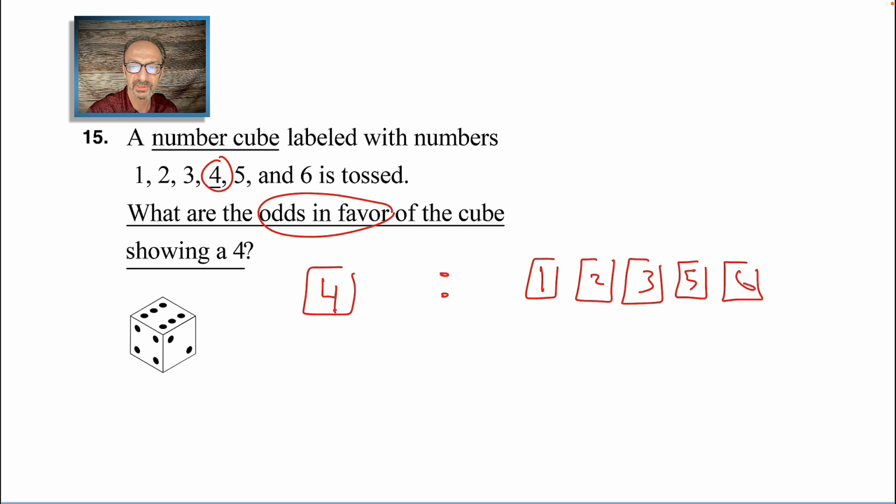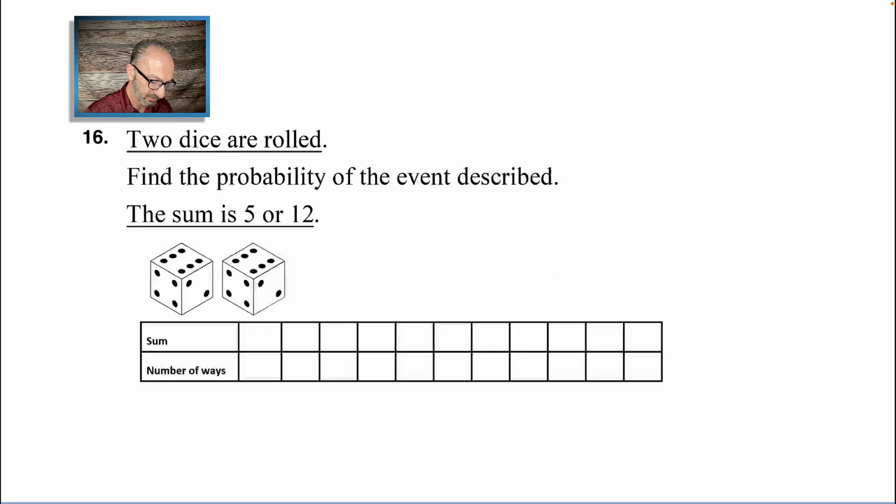Since they total 6, 1 is on my side, 5 will be against me, and the answer for this problem is written as 1 to 5. Of course, it's not a fair game. That's odds in favor. Odds against would be 5 to 1. Okay, that should do it for number 15.